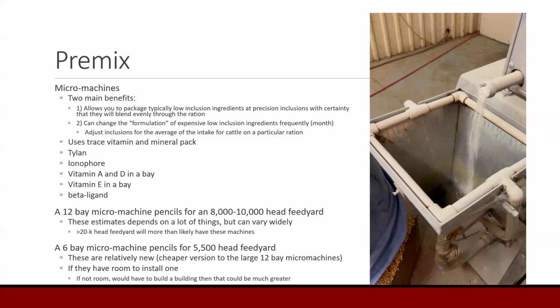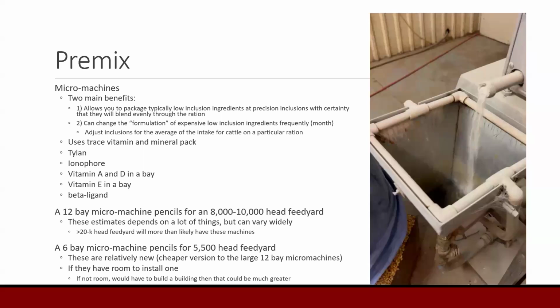So one of the good benefits of that is you can change that formulation for your vitamin mineral premix for each ration that you're feeding. So you don't have to feed one common premix.